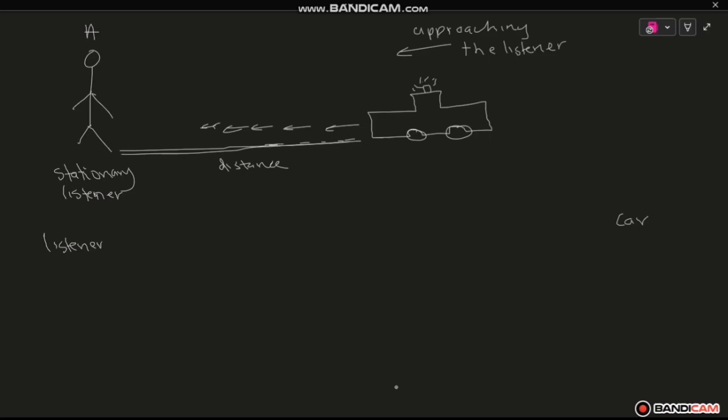So let's say this is the car and this is the listener. Then this is the distance between the listener and the car. When the car is going away, the frequency of the listener is less, and the distance is long. I'm not sure if I must use long or what, but I think you understand what I'm saying.